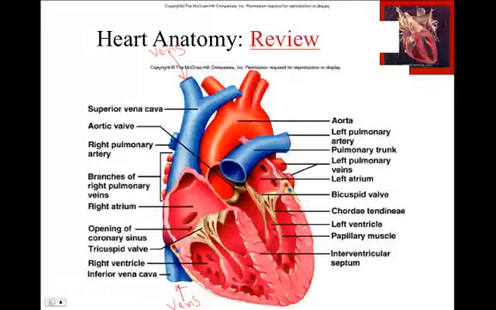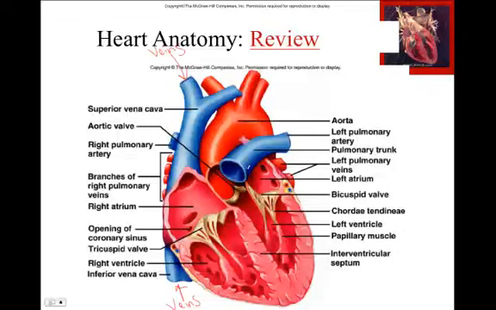Now the right ventricle is then going to contract and pump blood into, and this is cut, so this would actually connect all the way down here, but the right ventricle will pump blood into what's called the pulmonary trunk through the pulmonary semilunar valve.